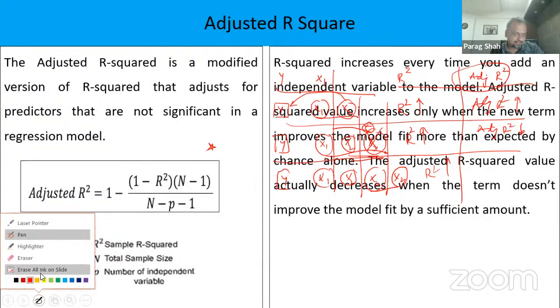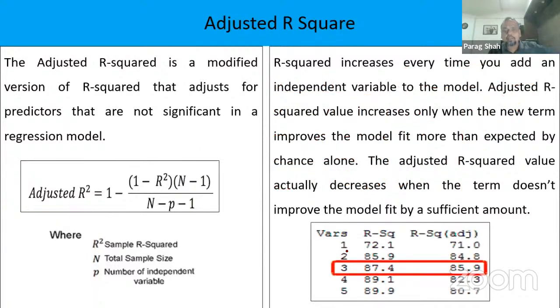I have taken just a test case. With one variable, my R square is 72.1 and my adjusted R square is 71. If I include two variables, my R square increases and my adjusted R square also increases. When I include the third variable, my R square is increasing, but my adjusted R square is decreasing.